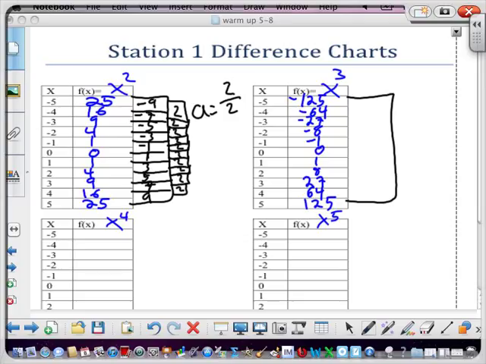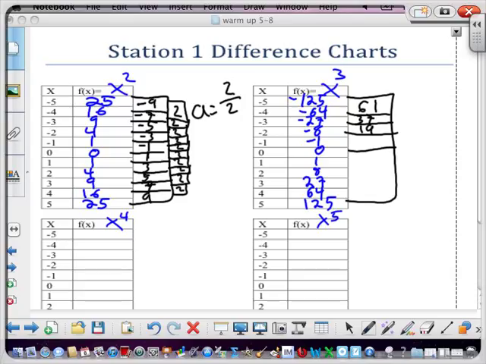125 to 64 is 61 that we added to it. 64 to 27 is 37 we added to it. 27 to 8 is 19. -1 to 0, we're adding 1.